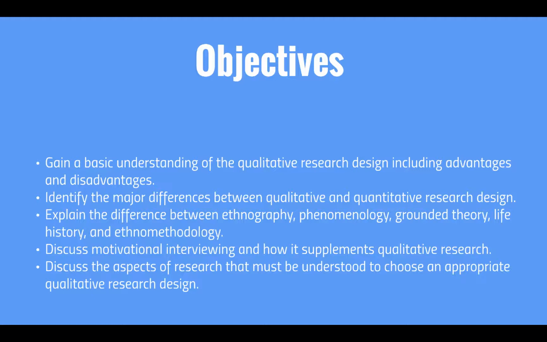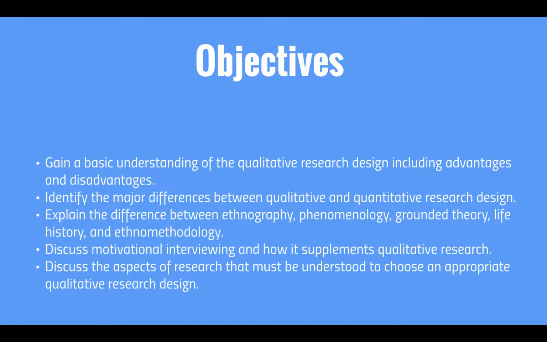This presenter has outlined 5 objectives to be reached by the end of this presentation. First, the audience will gain a basic understanding of the qualitative design, highlighting the advantages and disadvantages. Second, the major differences between qualitative and quantitative design will be discussed.